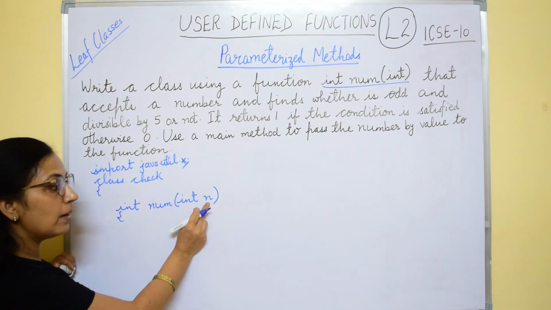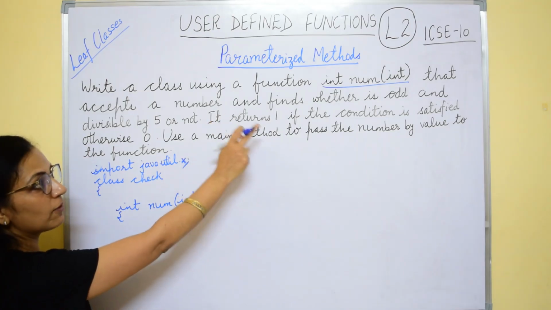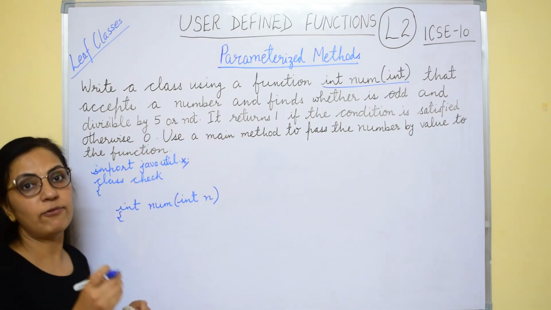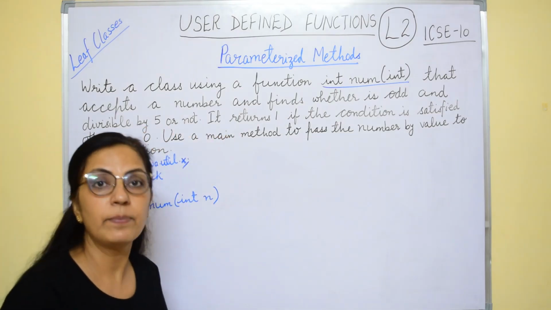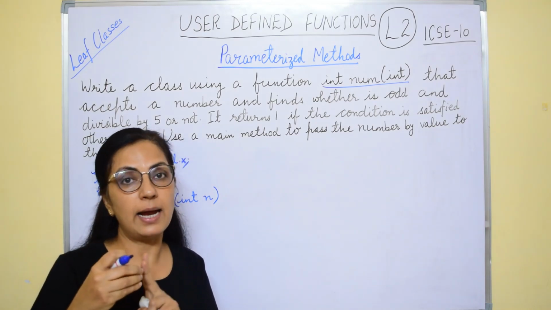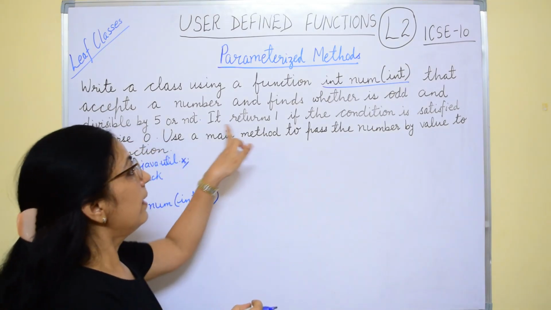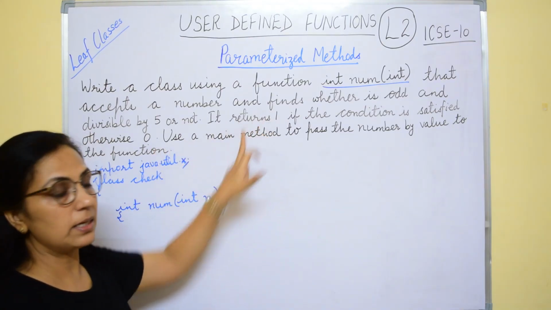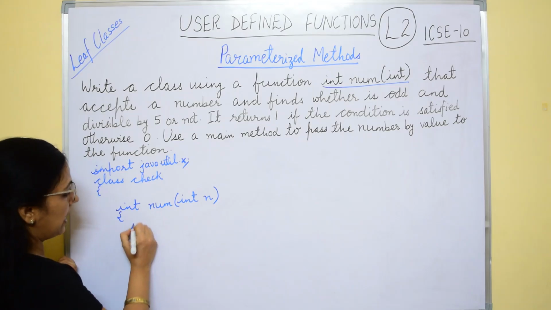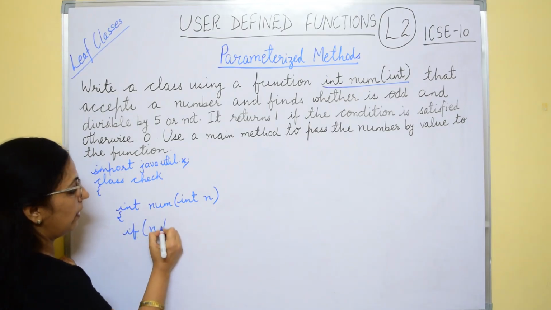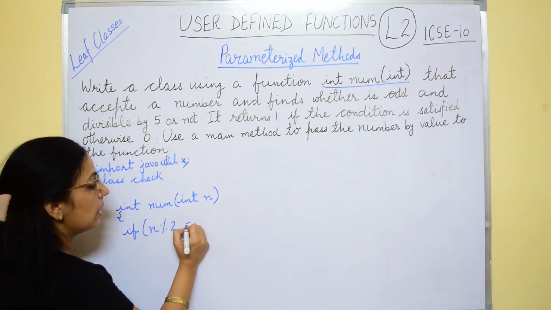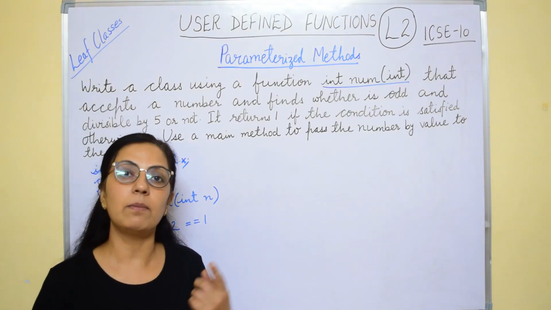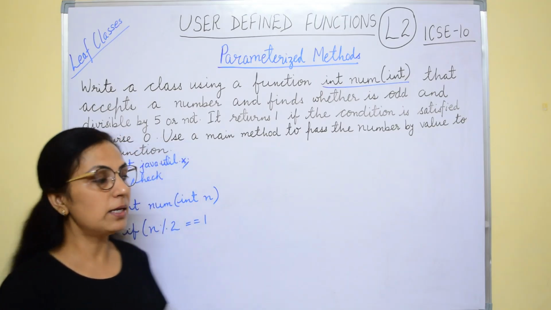Now the value n which it is receiving, it has to check whether it is odd and whether it is divisible by 5 or not. Two conditions are there. One is it should be odd, and it should be divisible by 5, then it returns 1 if the condition is satisfied, otherwise it returns 0. So we start here with this only, if n mod 2 is equals to 1. If you divide any number by 2 and you get the remainder as 1, that means the number is odd.